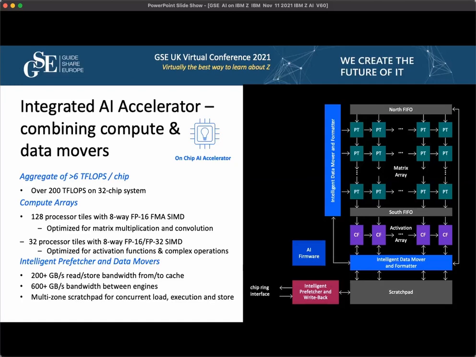And then we have another 32 additional SIMD engines that are really dedicated to optimizing activation functions and complex operations such as sigmoid and so forth. So, really a very powerful accelerator.